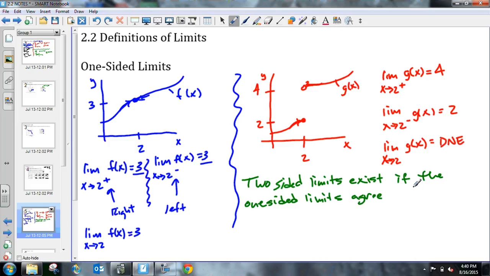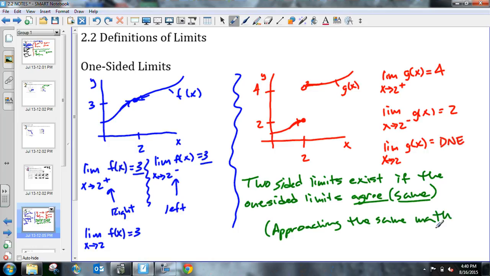And when I mean that they agree, that means that they are the same, okay? And if you're like me and you want to put this into terms that everybody understands, instead of saying that they agree or they're the same, you can say that they are approaching the same math party, okay? Approaching the same math party, okay?